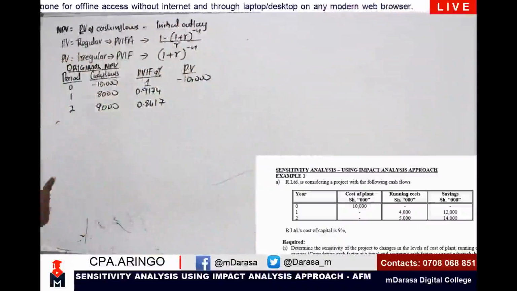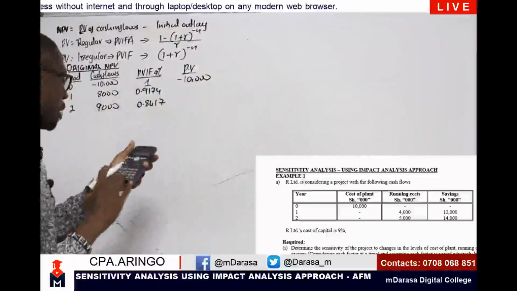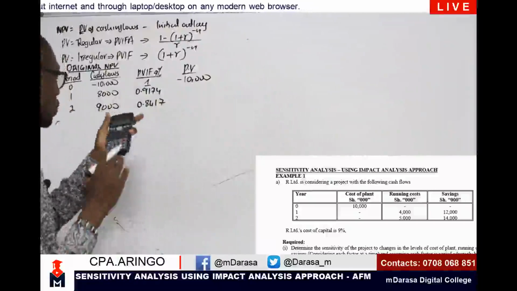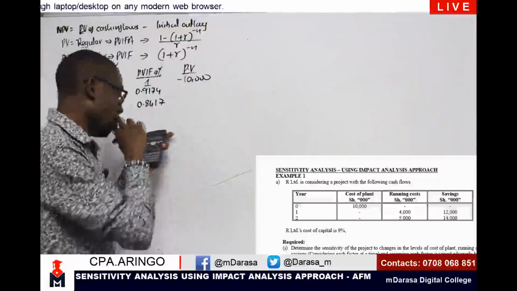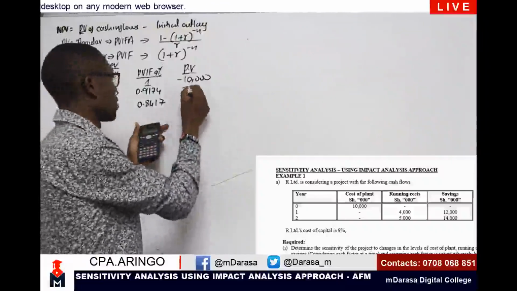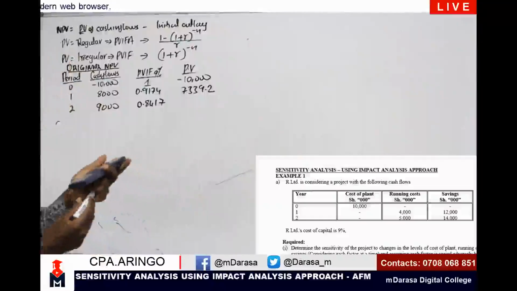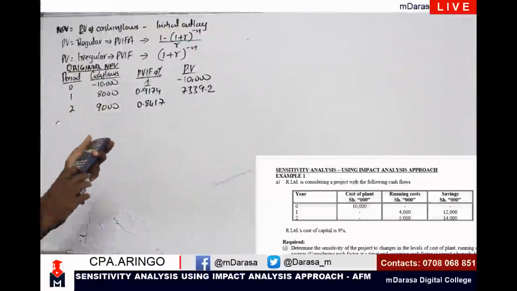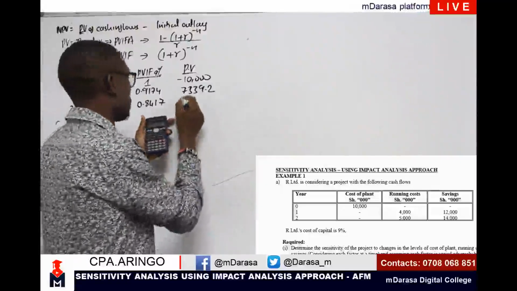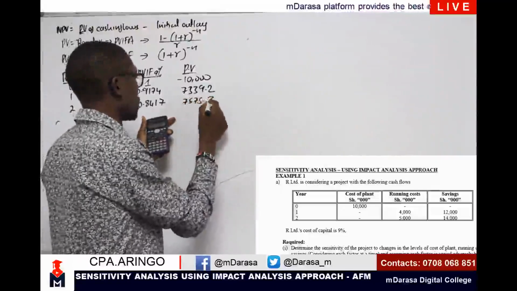So once we have that in mind, the present value of the cash flows in year 1, I should be having 8,000 by 0.9174, which gives us 7,339.2. The other should give us 9,000 times 0.8417, which gives us 7,575.3.